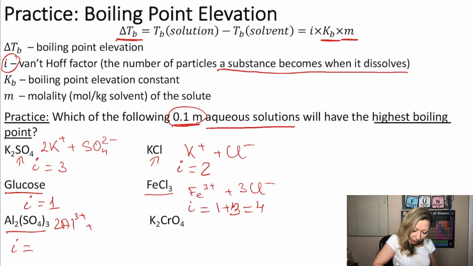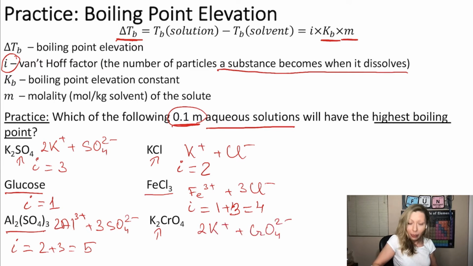And how many sulfate ions? 3, right? 3 SO4 2- ions. So the total of 2 plus 3 is going to be 5. What about potassium chromate right here? So we are going to get 2 K+ and CrO4 2- ions, chromate ions. So i equals 2 plus 1, which is 3.